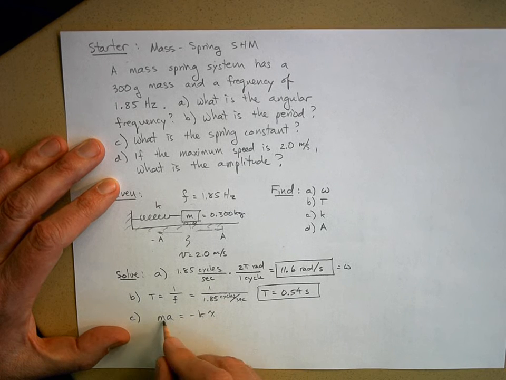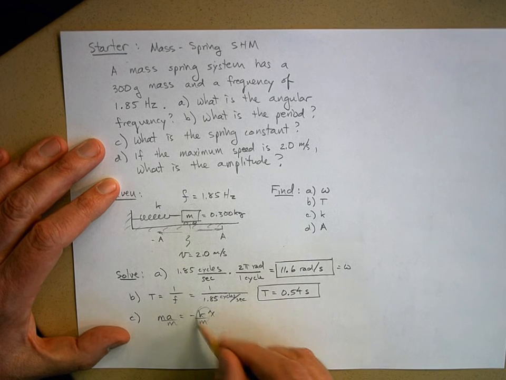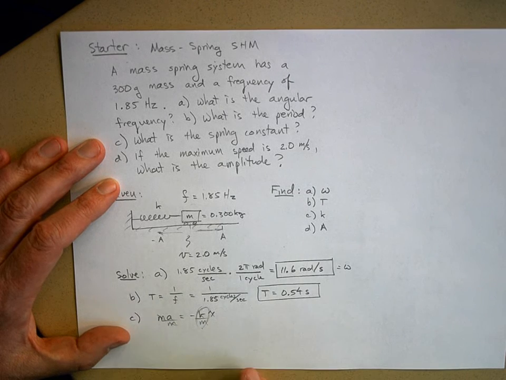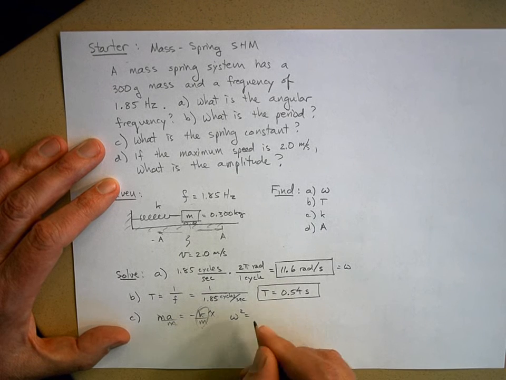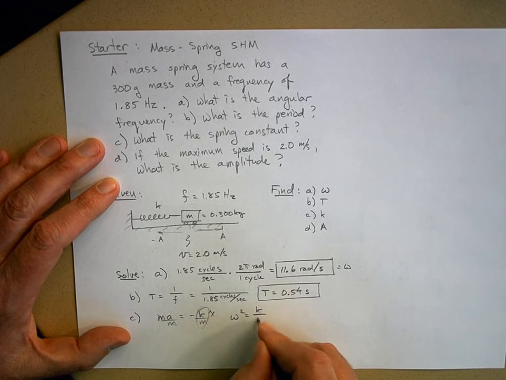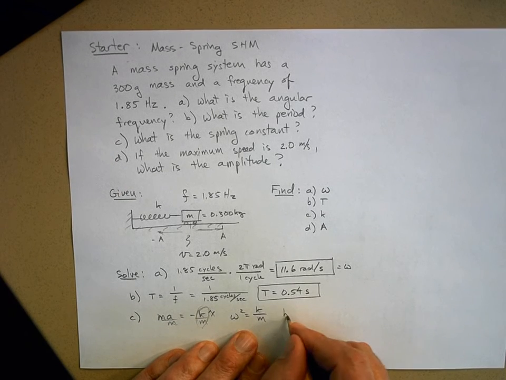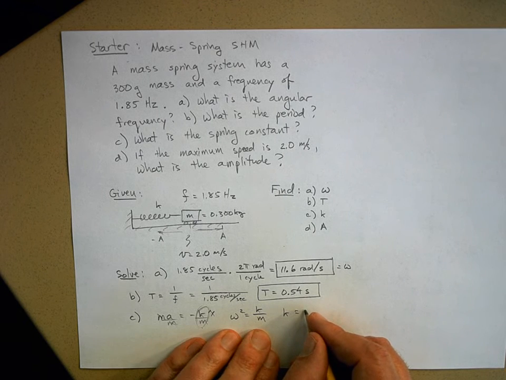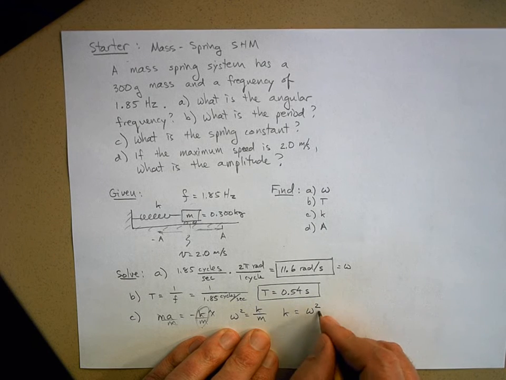So for acceleration, you divide by M, and we know that this right here is omega squared. At least that's what I memorized. So we know that omega squared is equal to K over M.